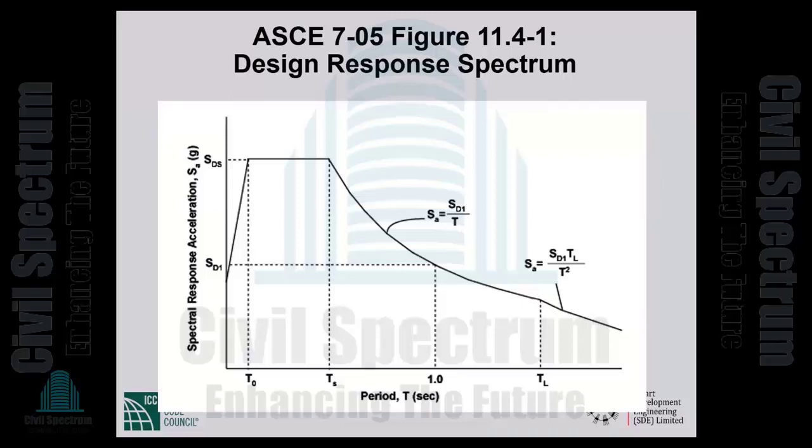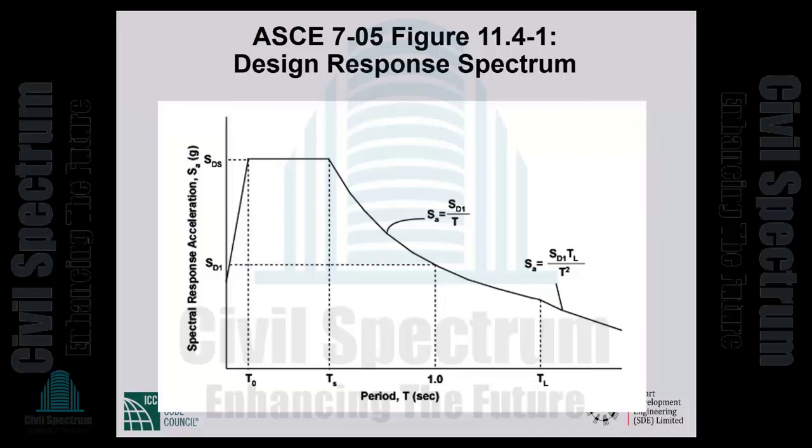The T sub L value in ASC 705 is between 4 and 16 seconds. 4 seconds is the period of a 40-story tall frame building. So the third branch typically does not come into play in typical designs.